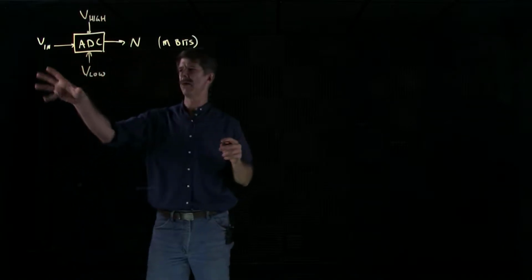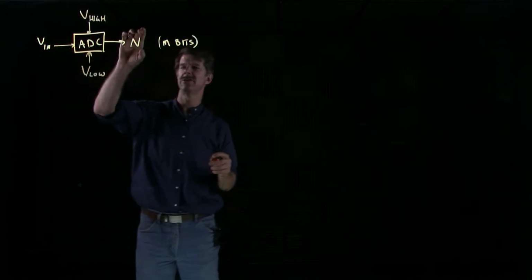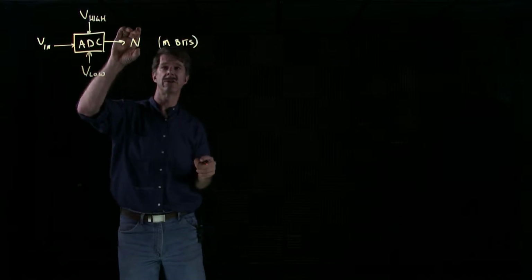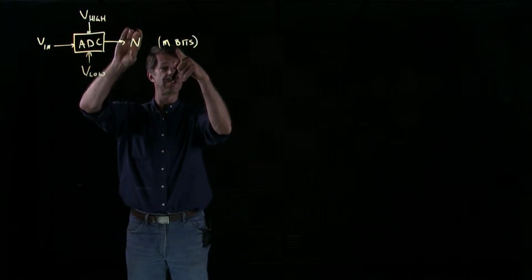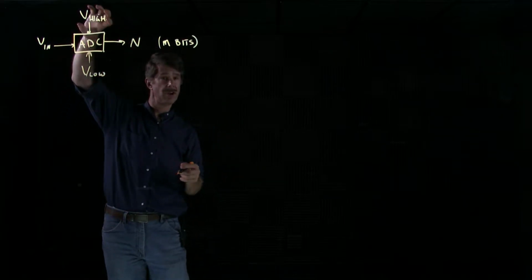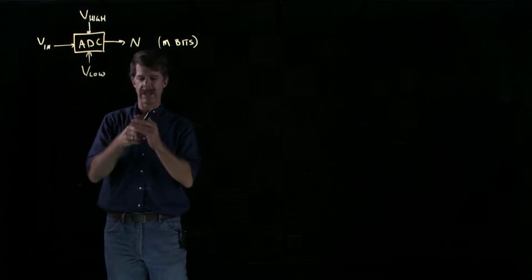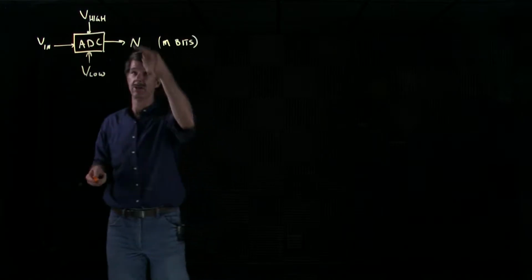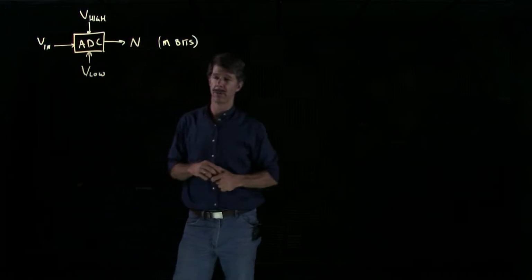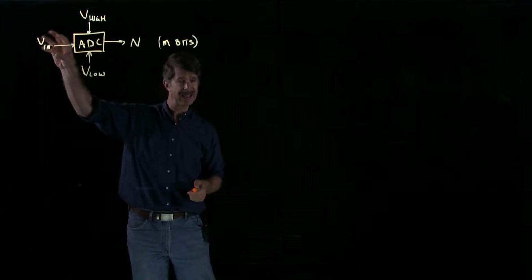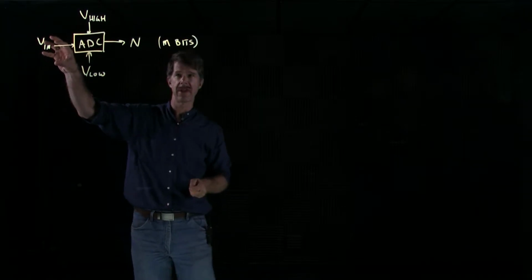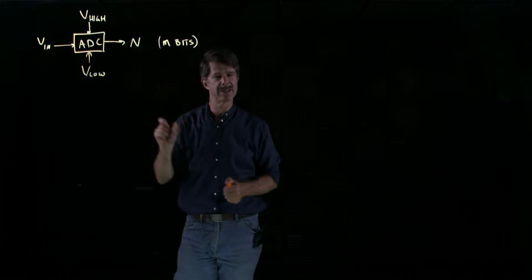You're going to map this input voltage to this integer number such that when the integer number is 0, you're at V low, and when the integer number is the largest it can be, given the number of bits, you're at V high. So these are very important, and you can adjust these, and you actually can adjust this on your Arduino. And you want to adjust this to be pretty tight around the range of input voltages you think, so you can use these bits best.